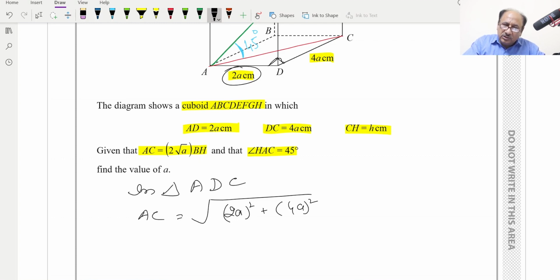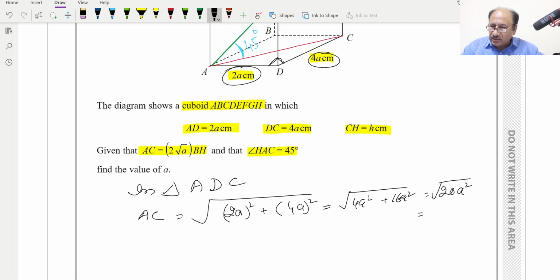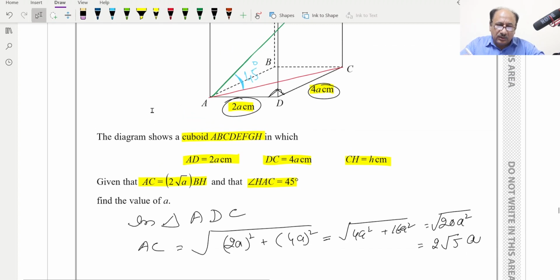So this side square plus this side square under root, this will be equal to the square root of 4A squared plus 16A squared, so this will be equal to the square root of 20A squared, or we can write this as 2 root 5 A outside the root. So in this diagram we have this measurement 2 root 5 A.